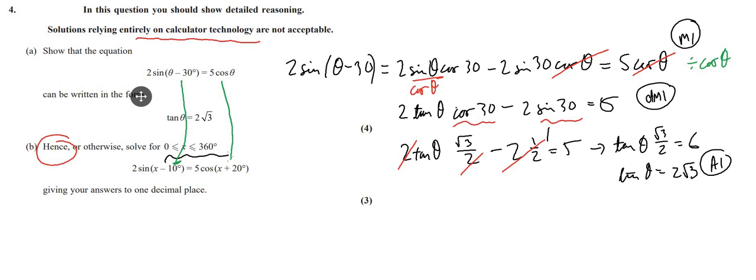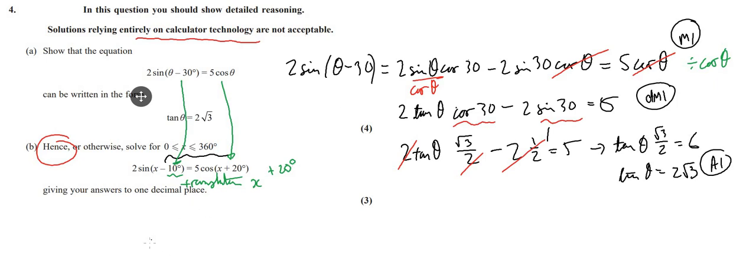This is theta, but now it's plus 20. So what's happened? We've shifted this by 20 degrees, both sides. Remember, this number here is a translation in the x-axis. So we can use our solution, but we have to shift it by 20 degrees.